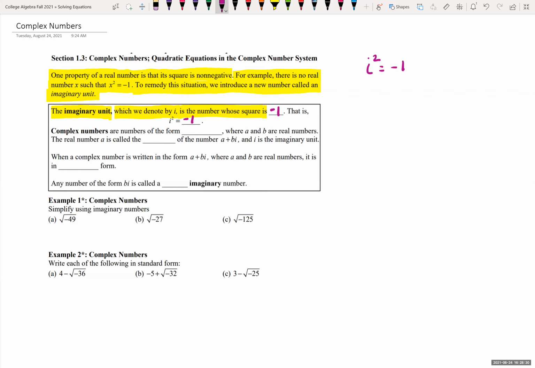Okay. So complex numbers, we can write them in the form of a plus bi, where a and b are real numbers.